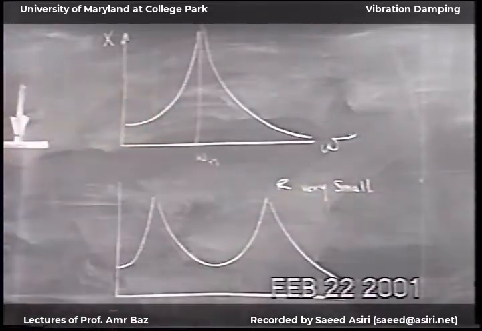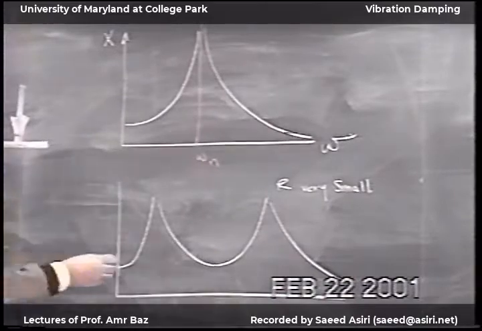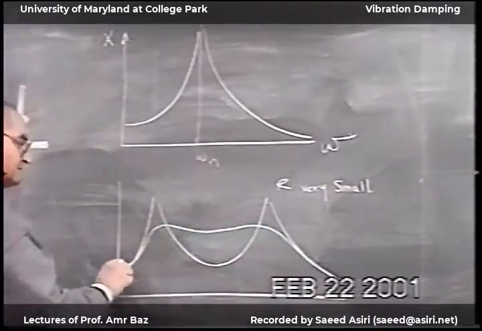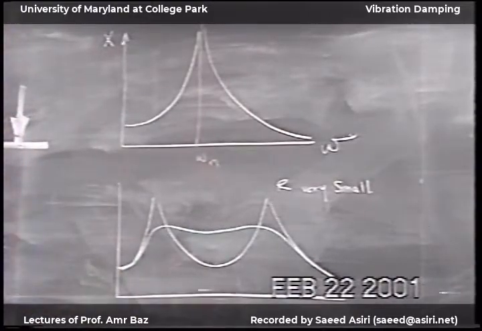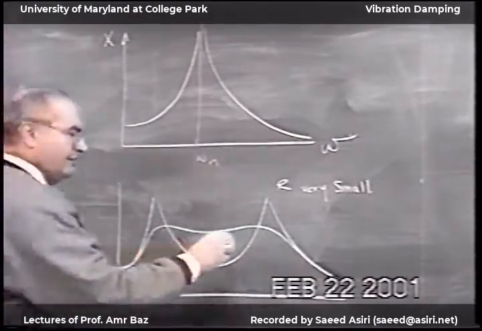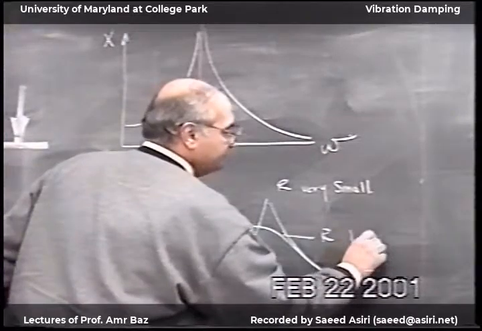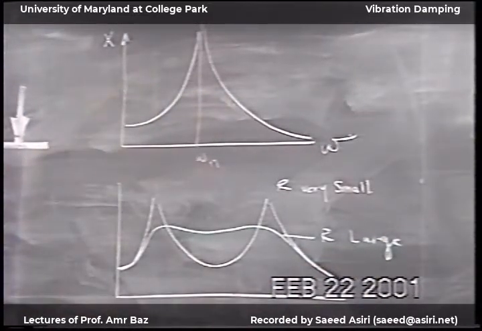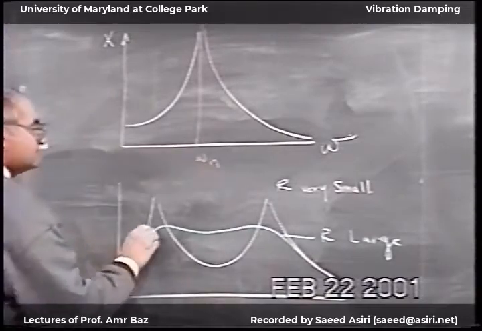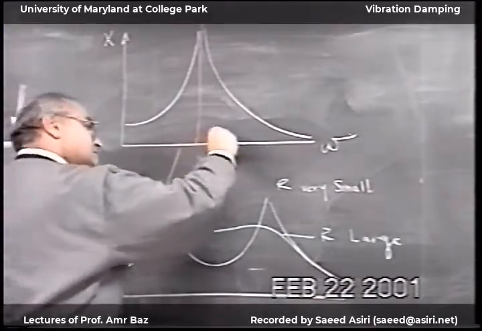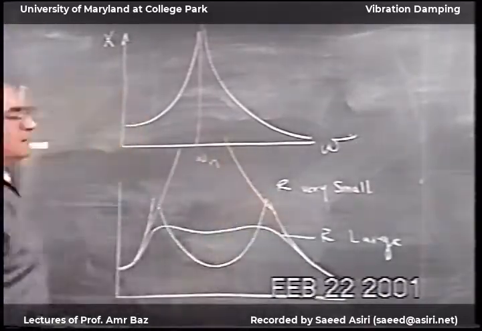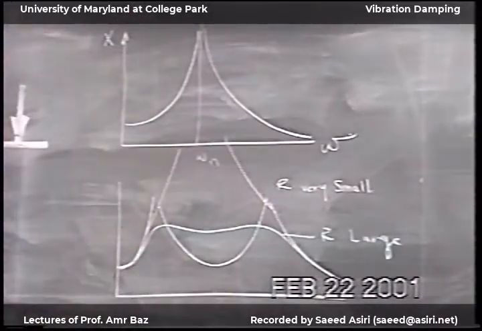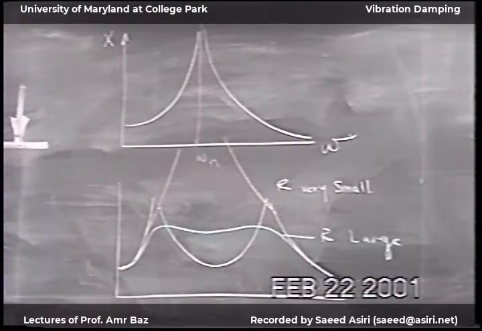If I increase R, then we should be getting something like this. And the original, this is R, large. The original characteristic of the system is going to infinity if the structure doesn't have any structural damping.